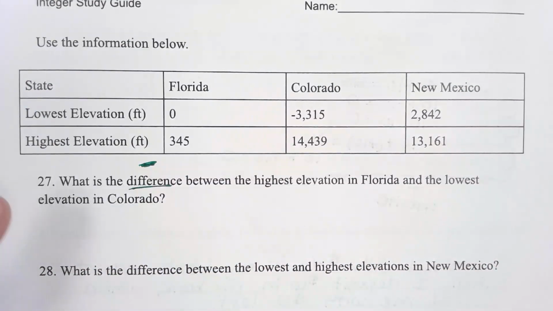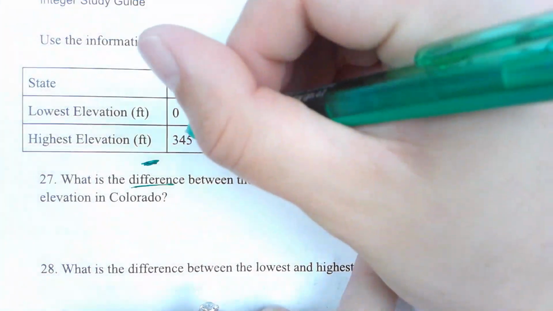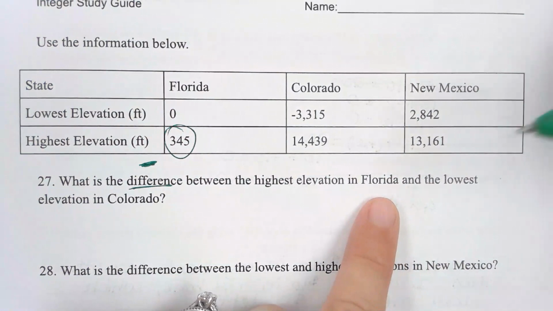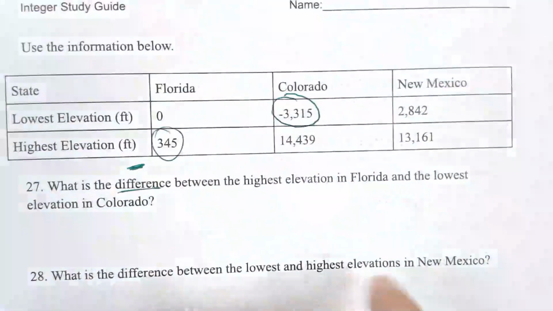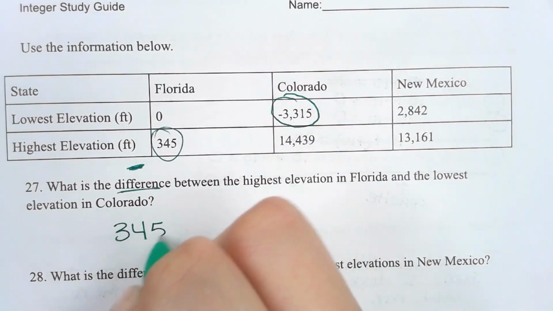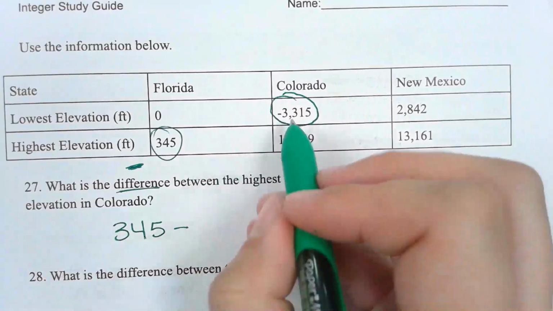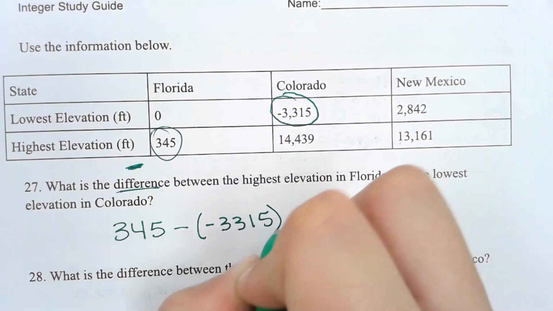So what we need to do is take the highest elevation in Florida, which is 345, and take the lowest elevation in Colorado, and we are going to subtract those numbers. So we're going to take 345 minus, because again we're finding the difference, negative 3,315.